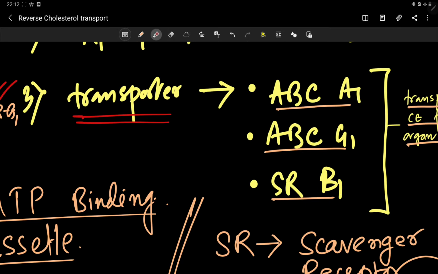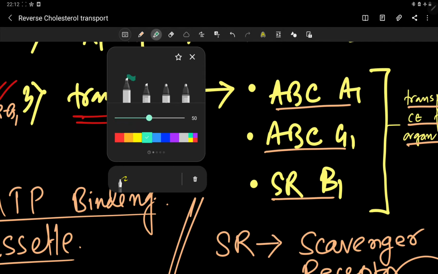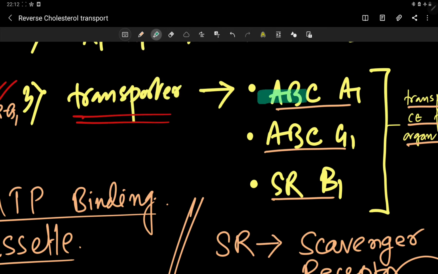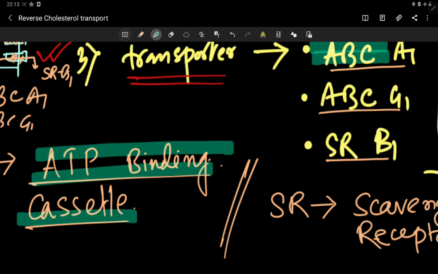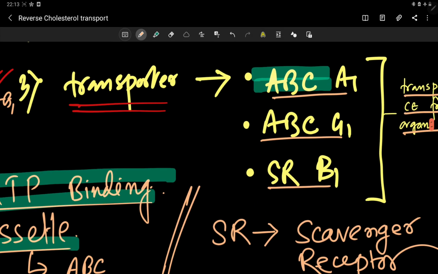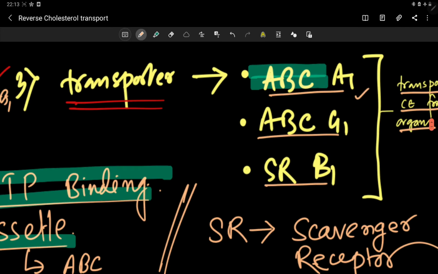Now what is this ABC? ABC stands for ATP binding cassette. You can see this ATP binding cassette. This is your ABC. Now ABC ATP binding cassette A1 and ABC ATP binding cassette G1, both are the cholesterol transporters present on the extrahepatic tissue. And what is the SR?